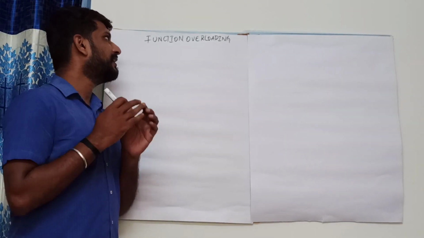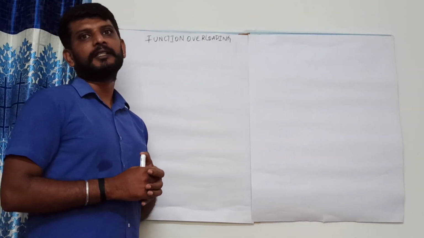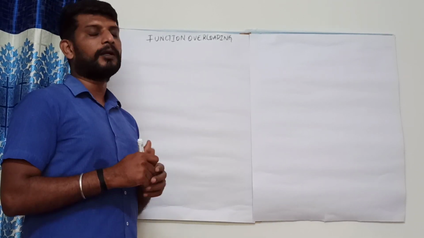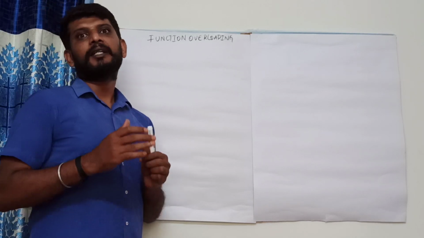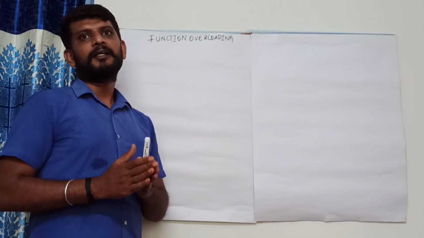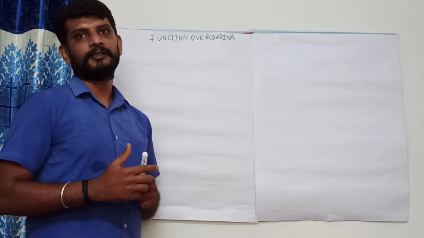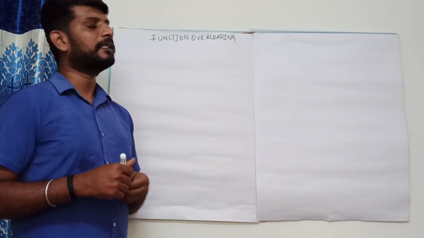Now, firstly let us know what exactly is function overloading. Function overloading is nothing but 2 or more functions having the same name but different number of arguments or different kinds of arguments. That is called function overloading.